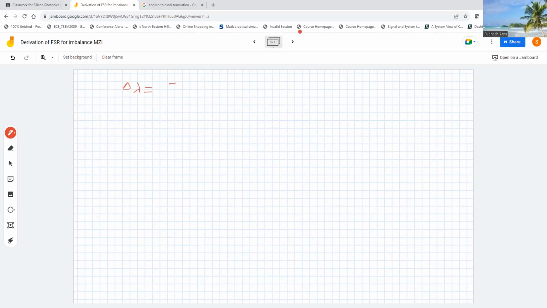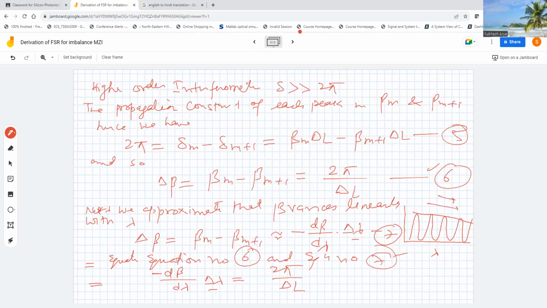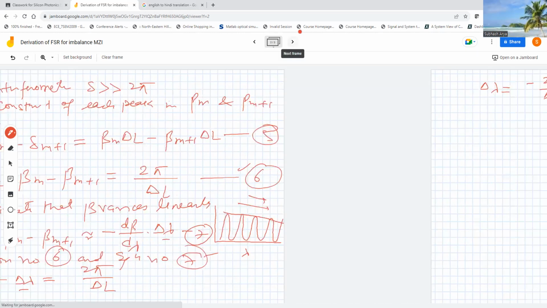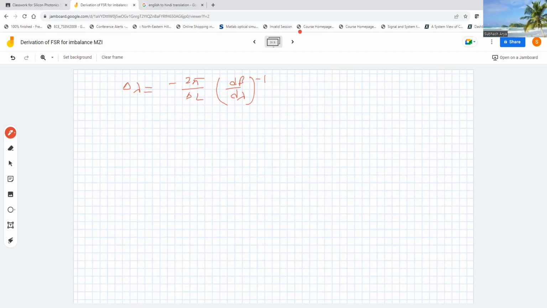So minus 2 pi by delta L into d beta by d lambda inverse. So we keep delta lambda on this side, and 2 pi by delta L into the inverse of d beta by d lambda on the right hand side. This is equation number 8.